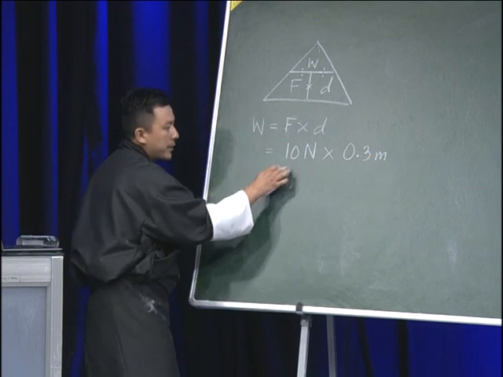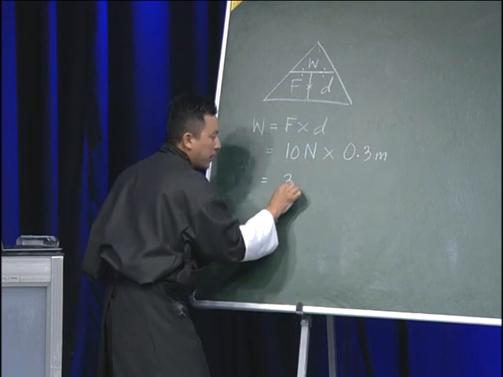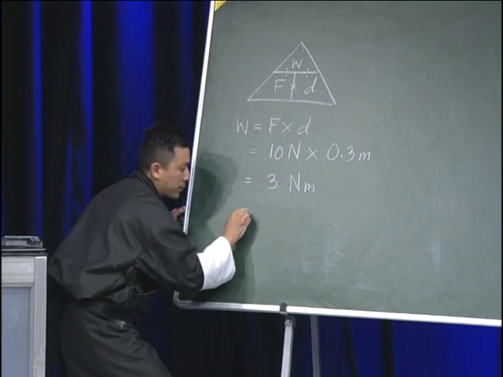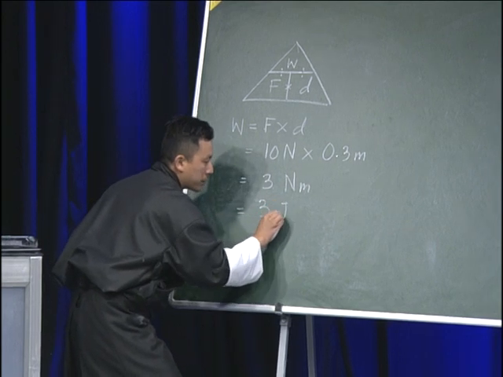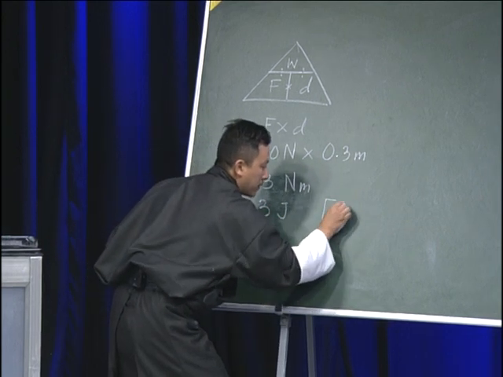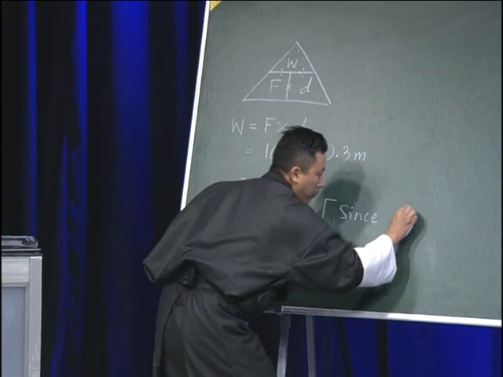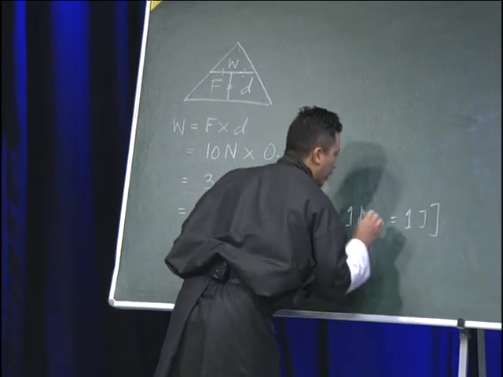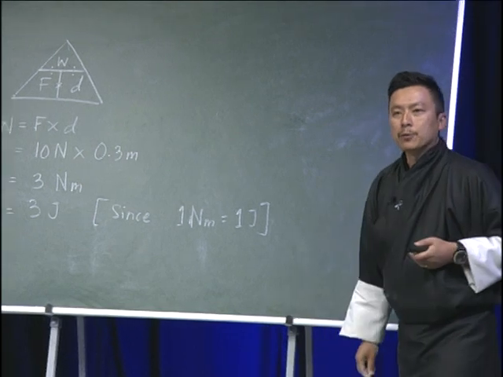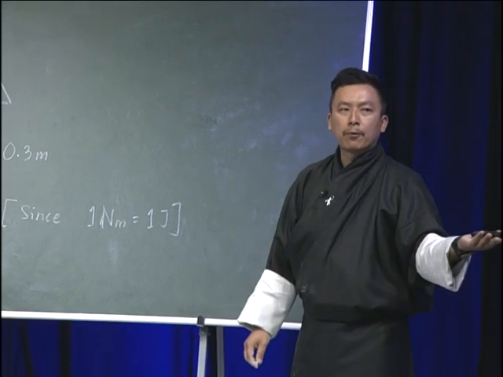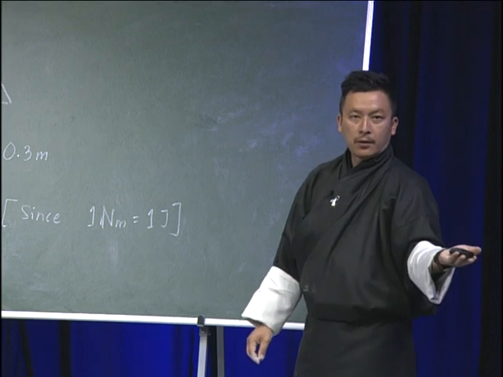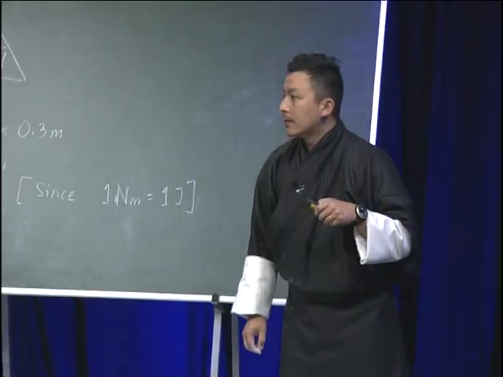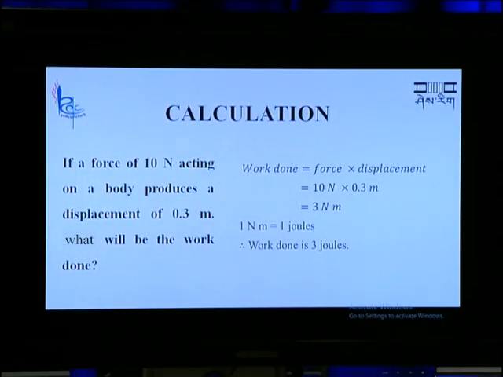So our answer is going to be 10 into 0.3. It's going to be 3 Newton meter, which is equal to 3 joules, since 1 Newton meter is equal to 1 joule. So here our work done is 3 joules. I have done 3 joules of work in lifting this object from its initial position to a height of 0.3 meter. That is what we have there in the calculations as well.